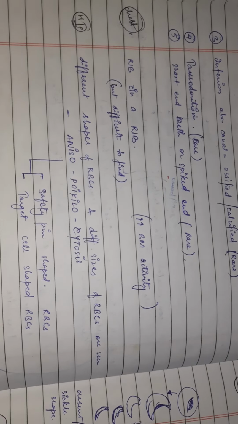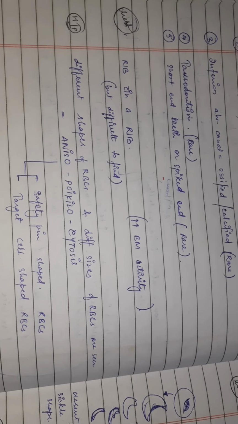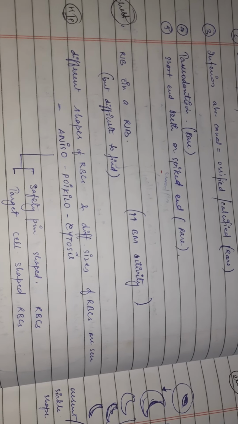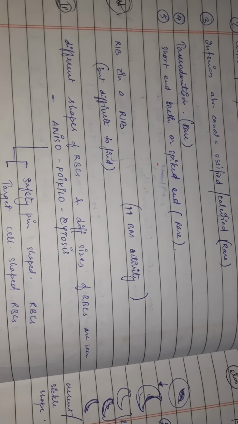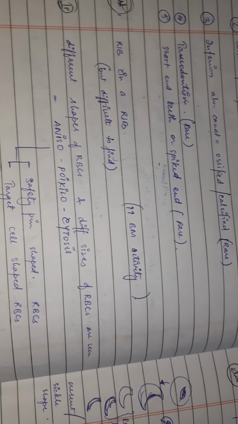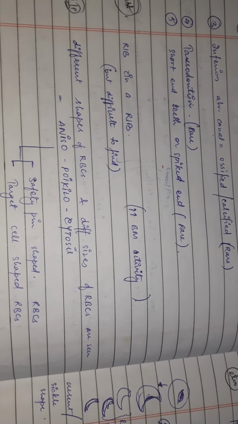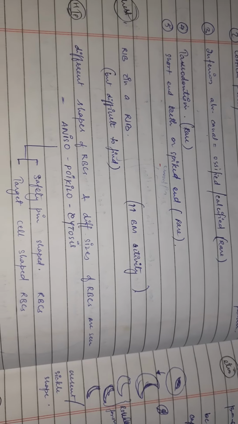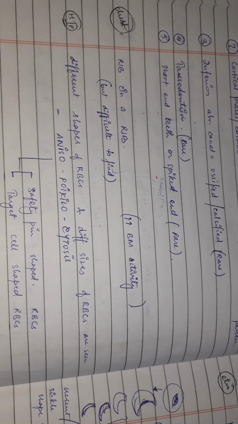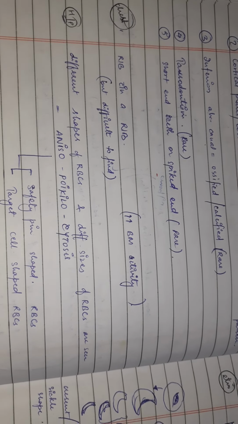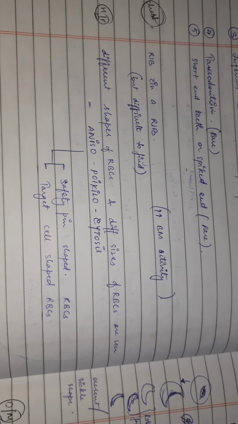Now the chest. In the rib, increased bone marrow activity is seen. Due to increased bone marrow activity, a rib within a rib appearance is seen, because the bone marrow is very much increased and the ossified bone part is very less, but it is very difficult to find radiographically in the chest.